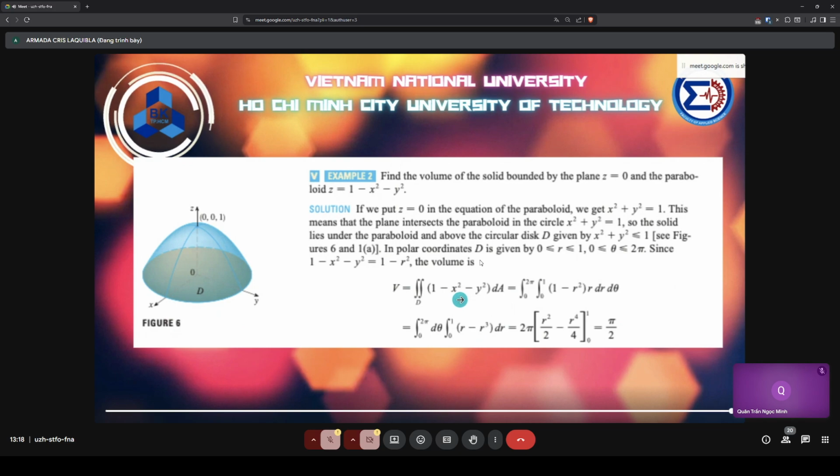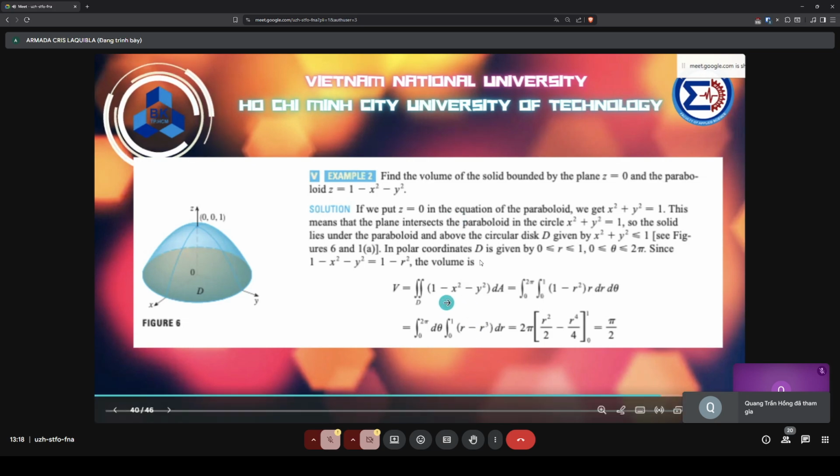And your z there is equivalent to 1 minus x squared minus y squared dA. Now, as you can see here, you can form actually the x squared plus y squared here if you factor out the negative here. And then after that, replace that with r squared, correct? Because your r squared is equivalent to x squared plus y squared, right? And I told you if you can form that one, you have to replace that with r squared.